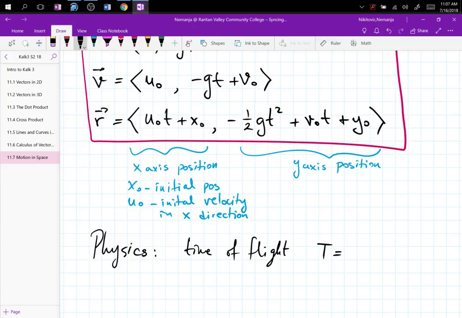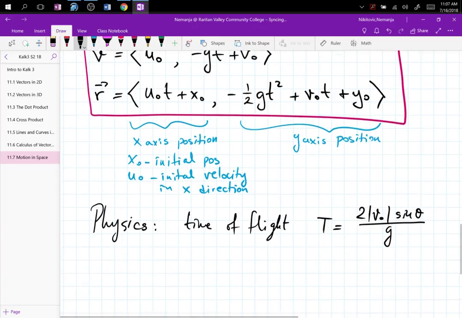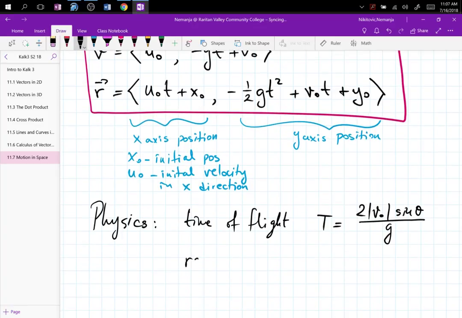So time of flight is 2v0 sine of the angle at which you are thrown, divided by the gravity g. Range, how far it gets, will be, again, depending on the speed and sine. We're not going to derive these formulas.